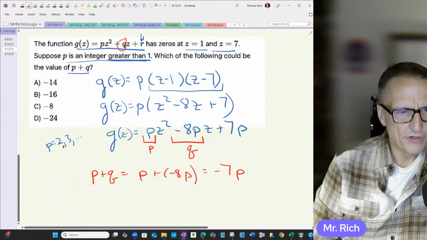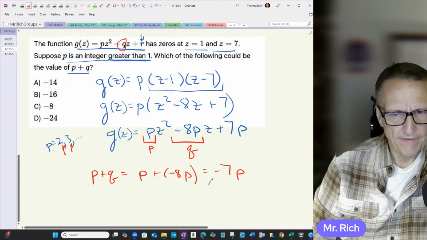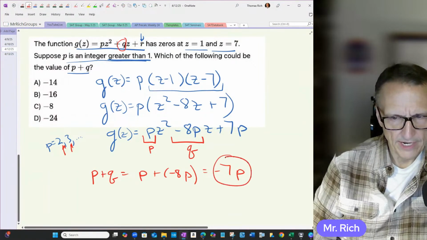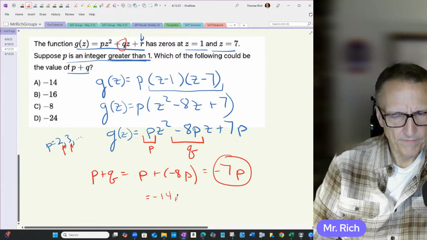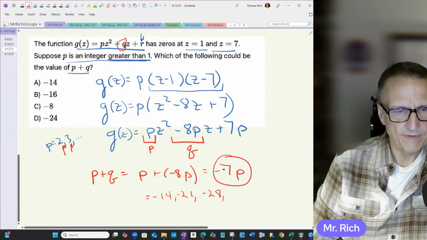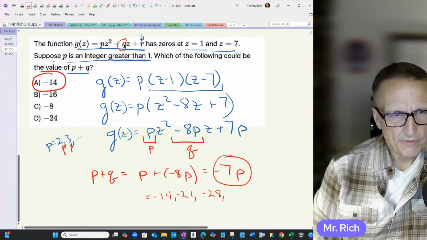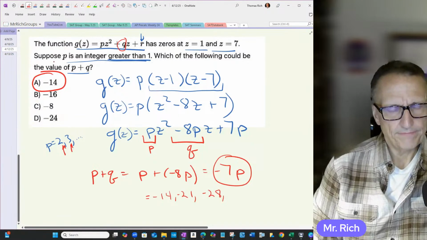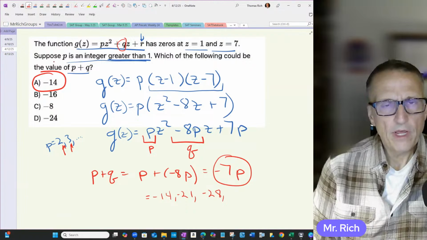Now, if p is an integer greater than 1, it could be 2, 3, 4, or 5, which means the only possible values for p plus q, which is negative 7p, would have to be negative 14, negative 21, negative 28, all the multiples of negative 7. And you can see that the only one in that list that's going to work is negative 14.